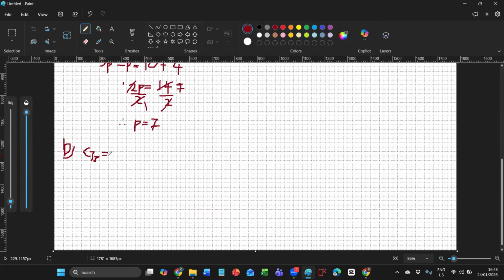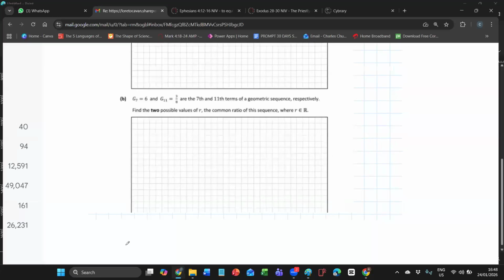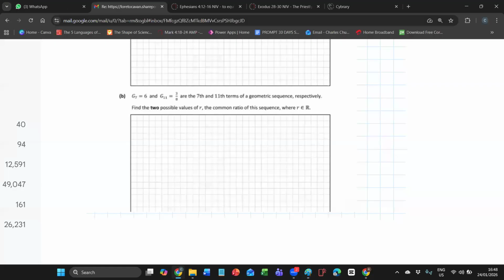G7 is equal to 6. G11 is equal to 3 over something. I remember that, 3 over 8 or something. Let's see. 3 over 8, yeah.